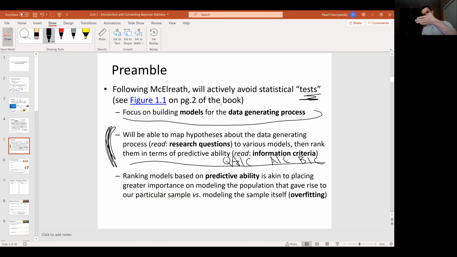In fact, every model represents a set of hypotheses. For example, if you include a covariate in a model, you're saying, hey, this covariate matters. If you have a model that doesn't have that covariate, you're saying that covariate doesn't matter. I'm going to include it as a part of my random noise. Remember that quote by Joe Harden?